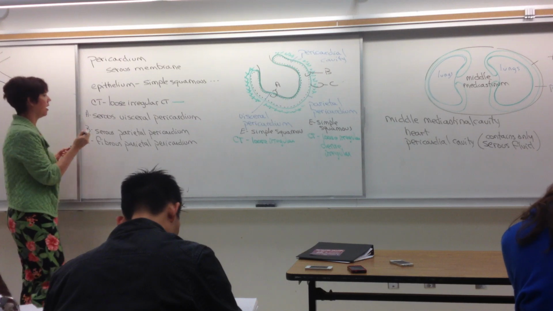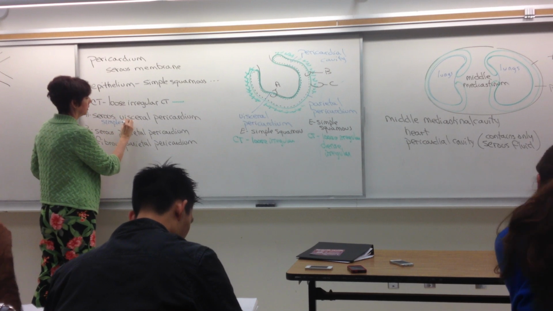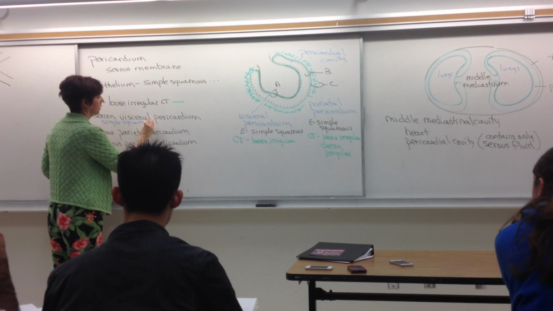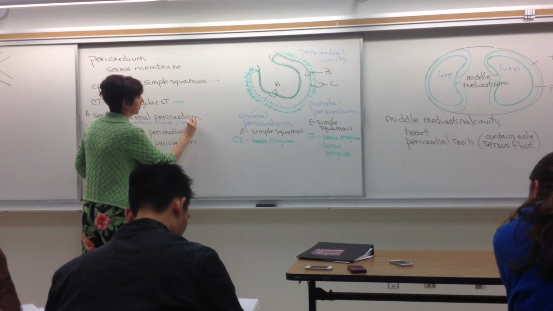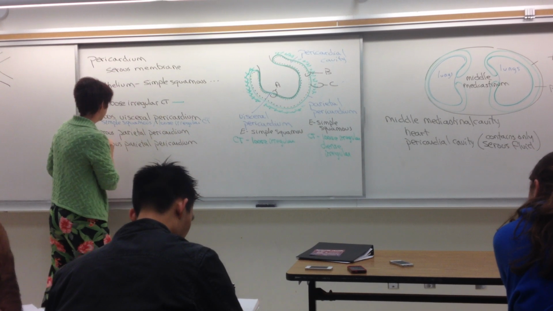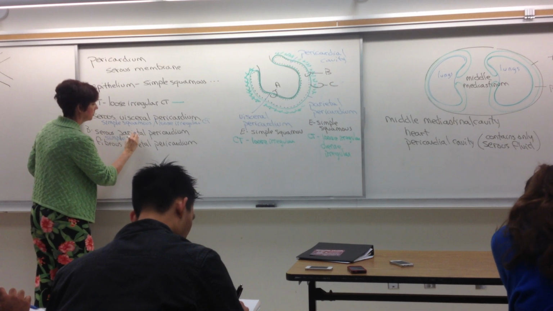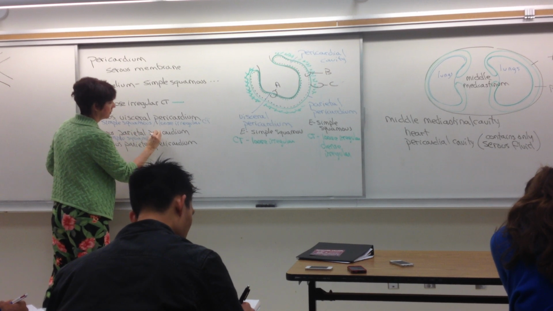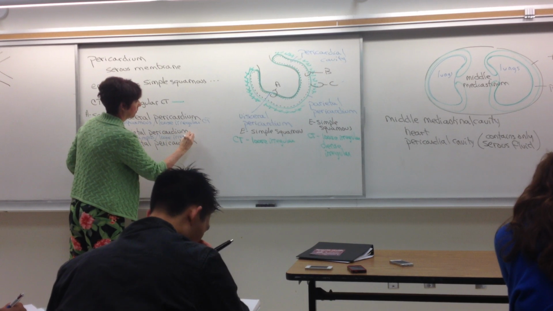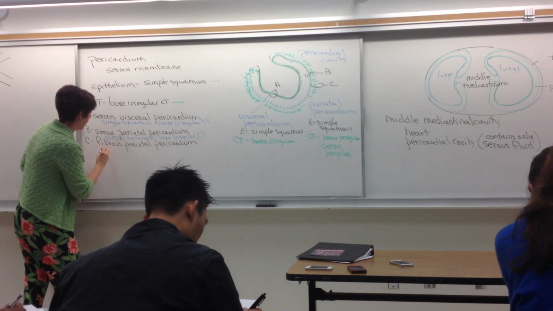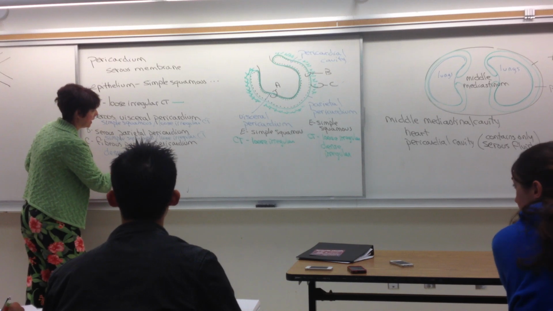So the serous pericardium is formed of simple squamous and loose irregular. The serous parietal, the same thing, but not attached to the heart. Fibrous is dense, irregular. And we're doing a heart dissection today.